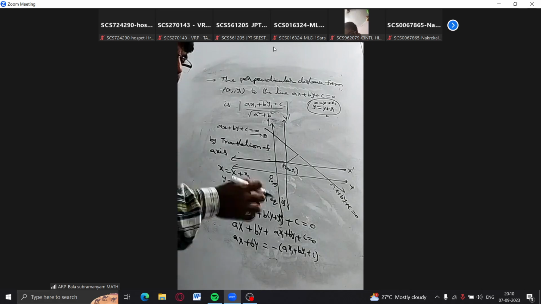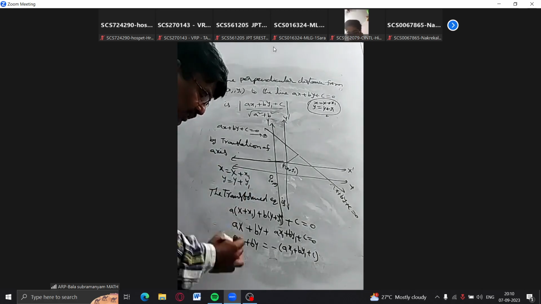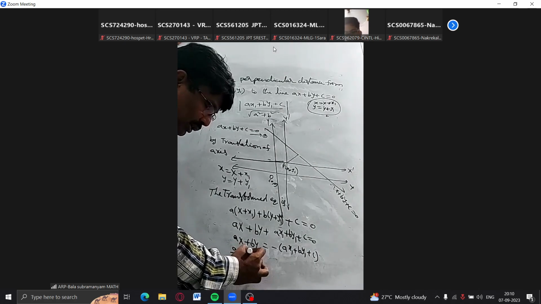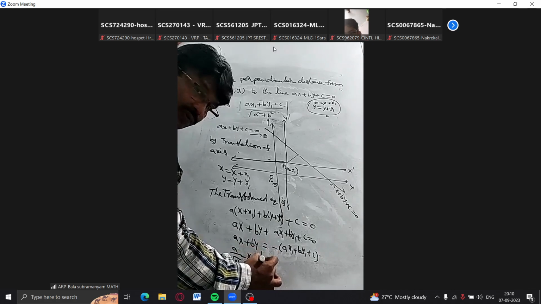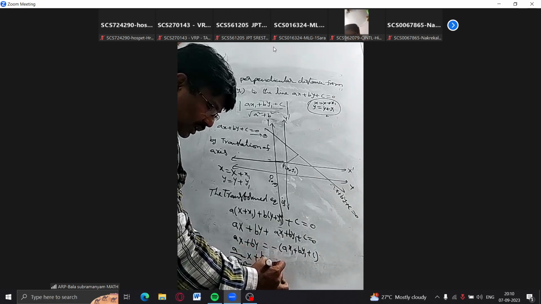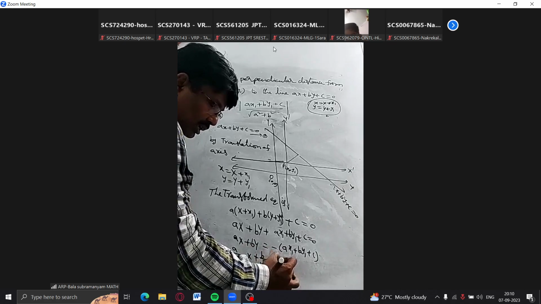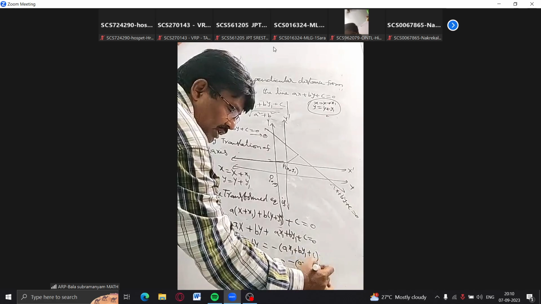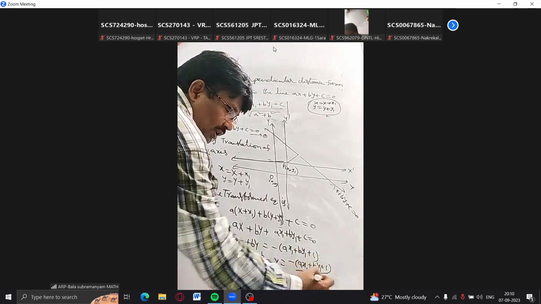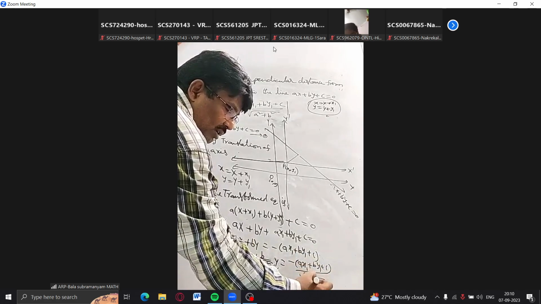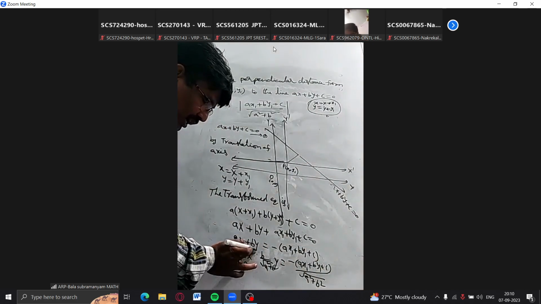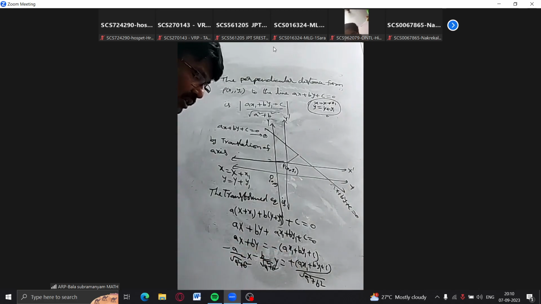After that, divide by root of a square plus b square: a/√(a²+b²) X + b/√(a²+b²) Y = -(ax1 + by1 + c)/√(a²+b²). Here multiply with minus on the right side.